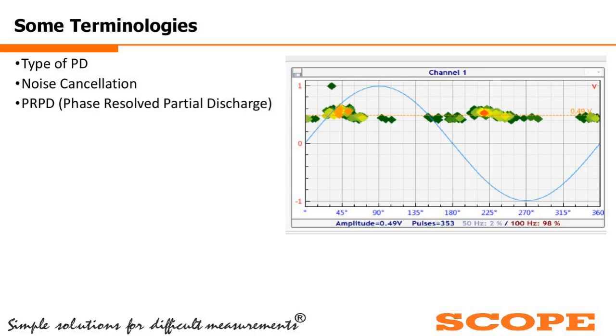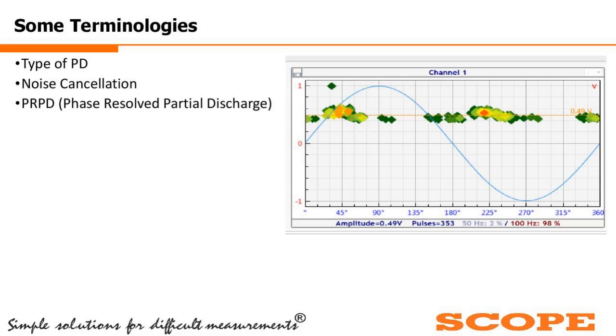Although there is a standard, IEC 60270, as you guys are very well aware, that particular standard has actually recommended this method and put it in their paper. But that standard is applicable for offline PD, whereas this analysis tool is very well applicable in online methods.